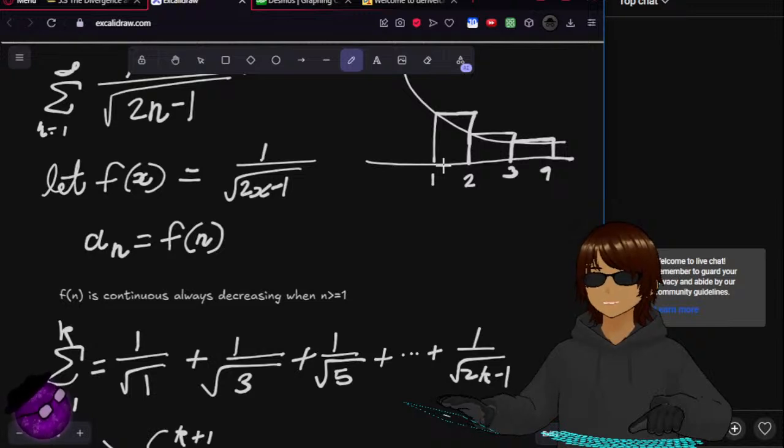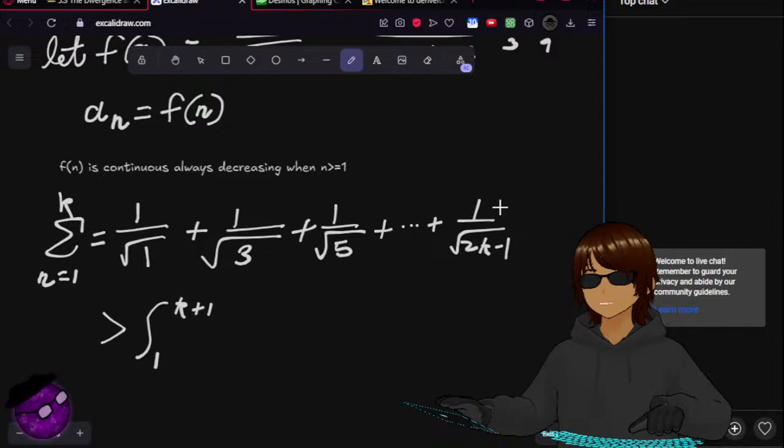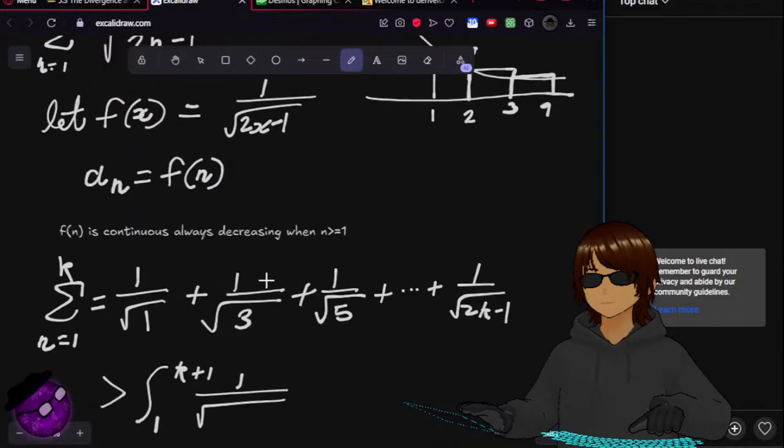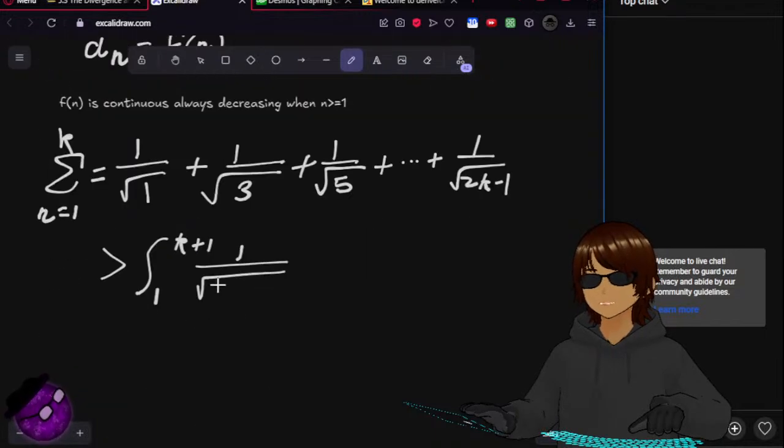This is greater than the integral from 1 to 4. So we take the integral from 1 to k plus 1 of 1 over root 2n minus 1 with respect to n.